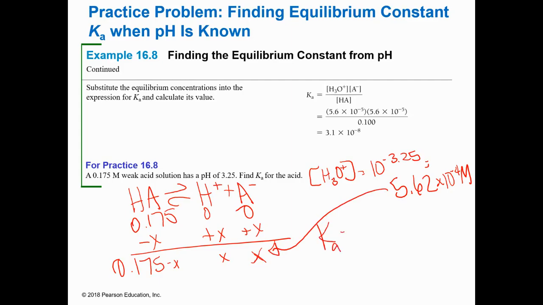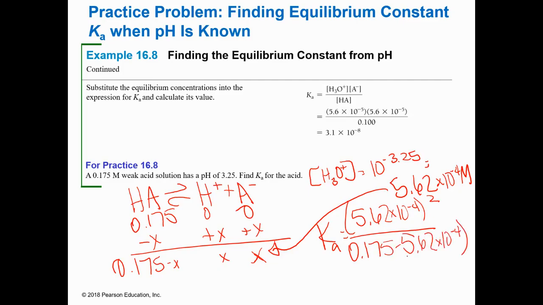So I've got Ka is equal to 5.62 times 10 to the negative 4 squared over 0.175 minus 5.62 times 10 to the negative 4. And I get Ka is 1.8 times 10 to the negative 6. Okay, so you can't ignore the minus and plus x when they give you x. You ignore it when you're finding x.